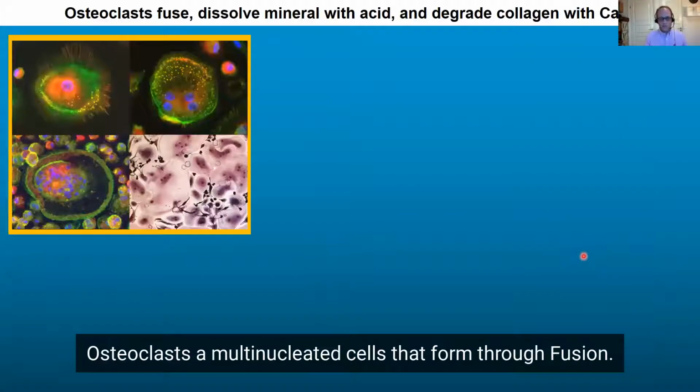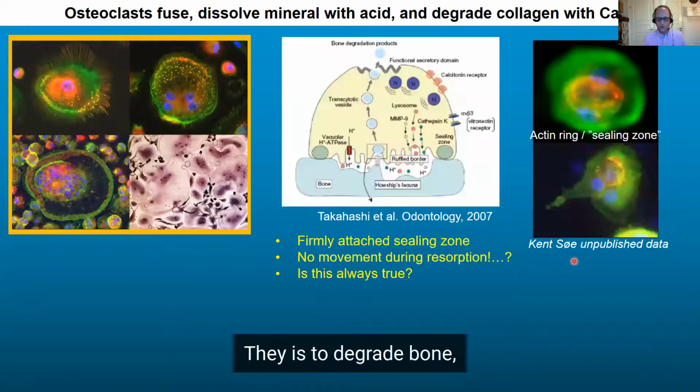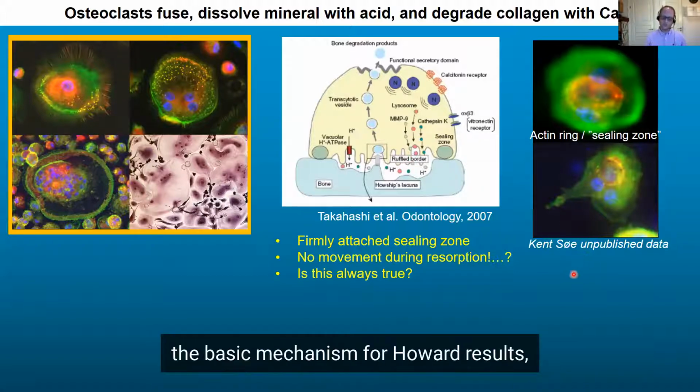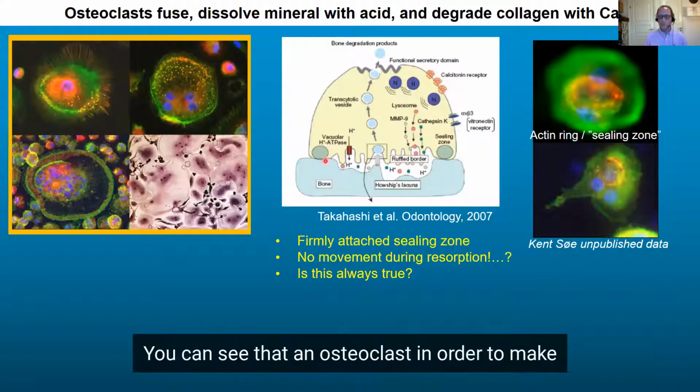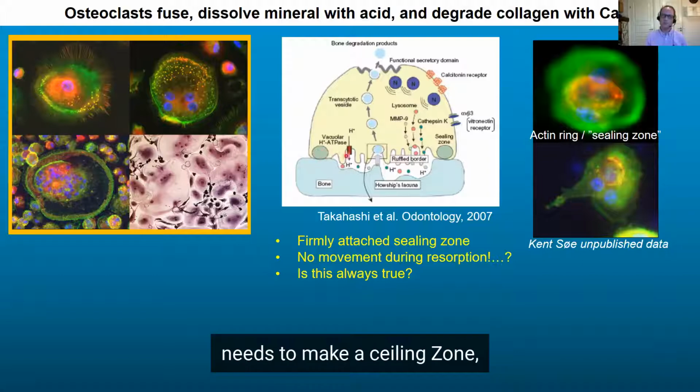Osteoclasts are multinucleated cells that form through fusion. Their purpose is to degrade bone, as I already said. The basic mechanism for how it resorbs bone is pretty well known. In this cartoon, you can see that an osteoclast, in order to resorb bone, needs to make a sealing zone.